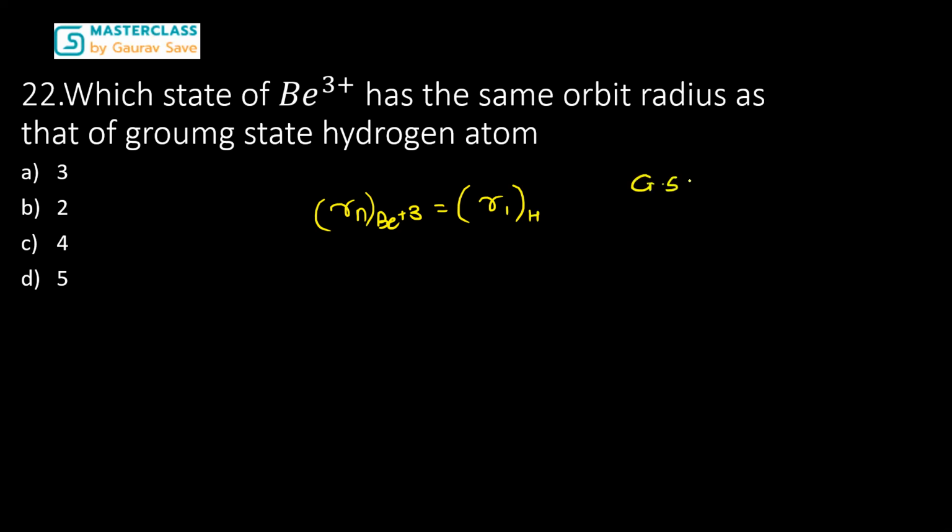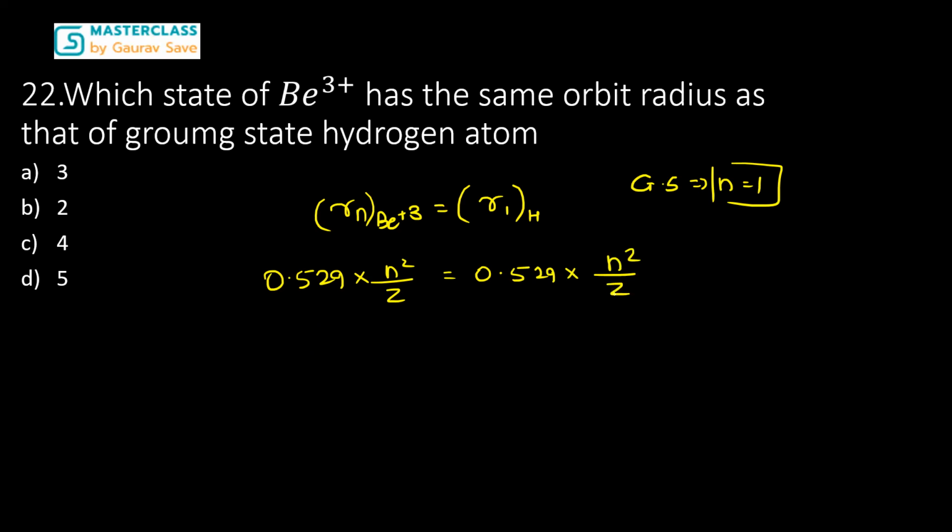Why first shell? Because ground state is nothing but first orbit. Okay, so formula is 0.529 into n square upon Z, which is equal to 0.529 into n square upon Z. First formula is for B plus 3, second is for H.